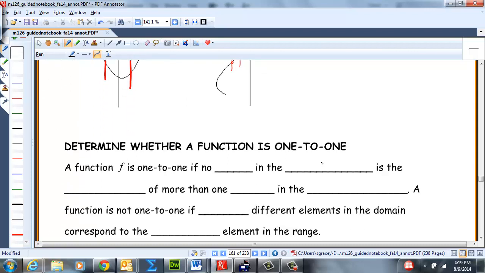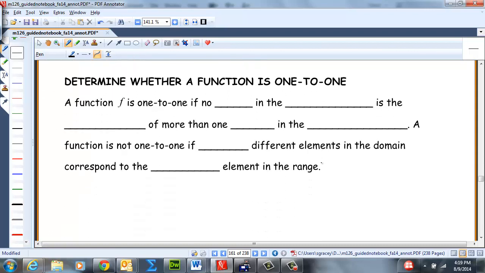Okay, so we'll be talking first about determining whether or not a function is one-to-one. A function f is one-to-one if no y in the range is the image of more than one x in the domain.